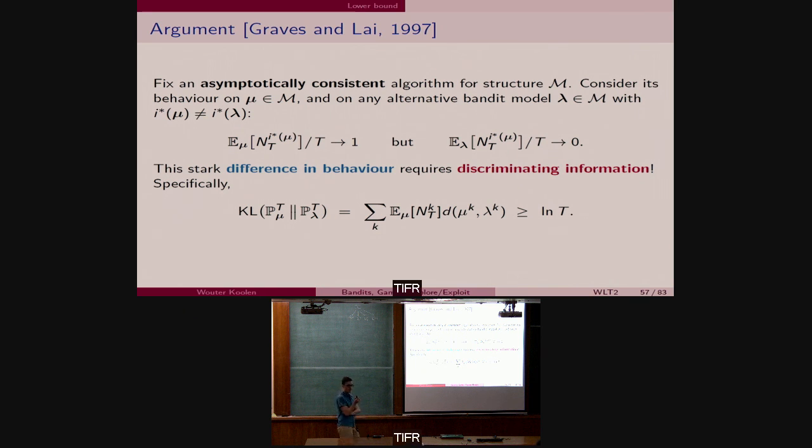So what you do is, like in the pure exploration case, you need to make an assumption about the algorithms that you're searching over. So they cannot just know magically what mu is, for example. Previously we said let's make them delta correct. Here we're going to say let's only worry about algorithms that are asymptotically consistent. What does that mean?